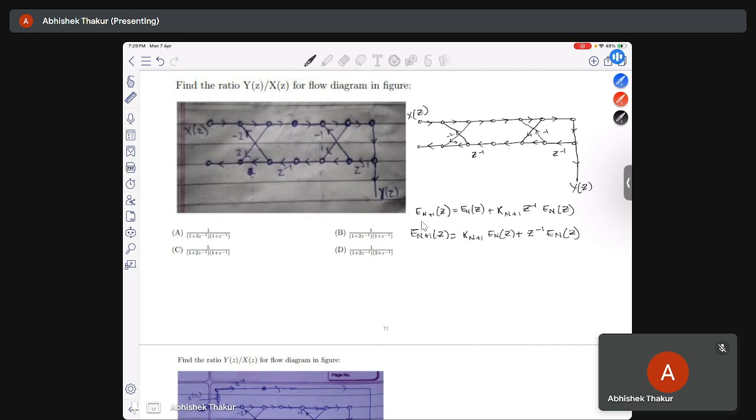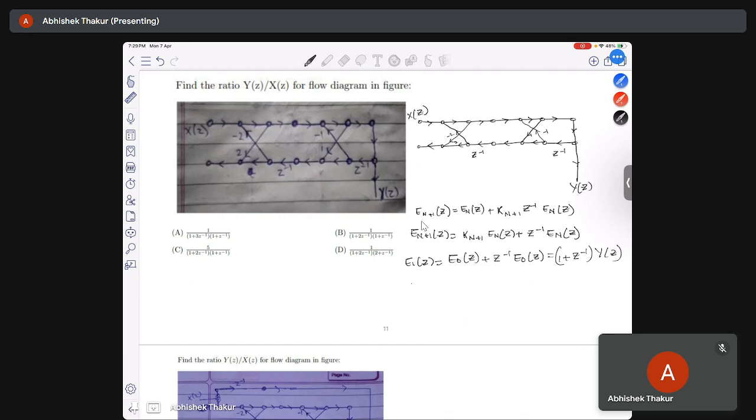So using 1 and 2, both the equations, we can write E1(z) is equal to E0(z) plus z inverse E0(z). So that is equal to 1 plus z inverse of Y(z).